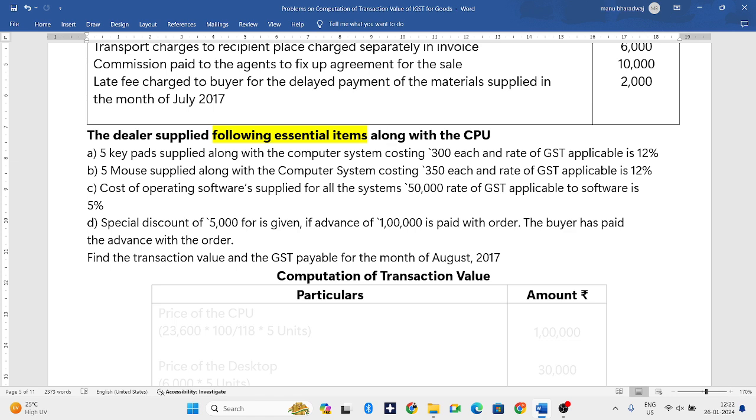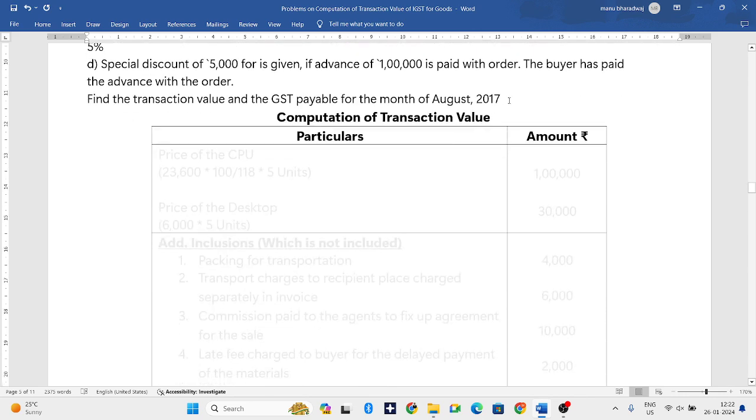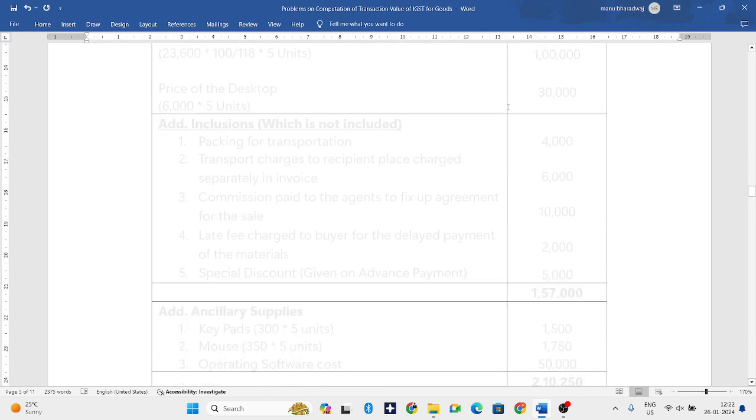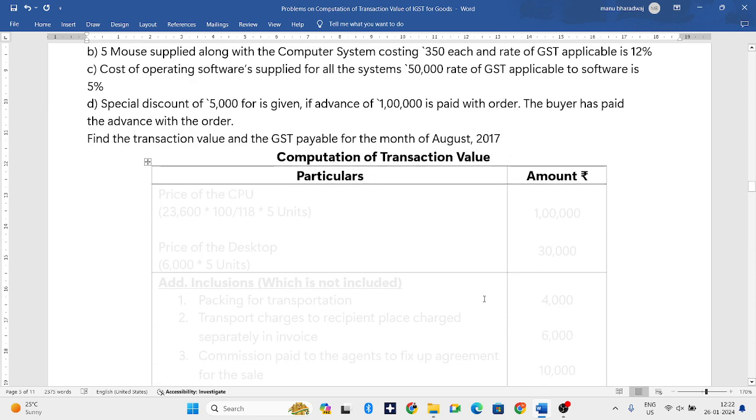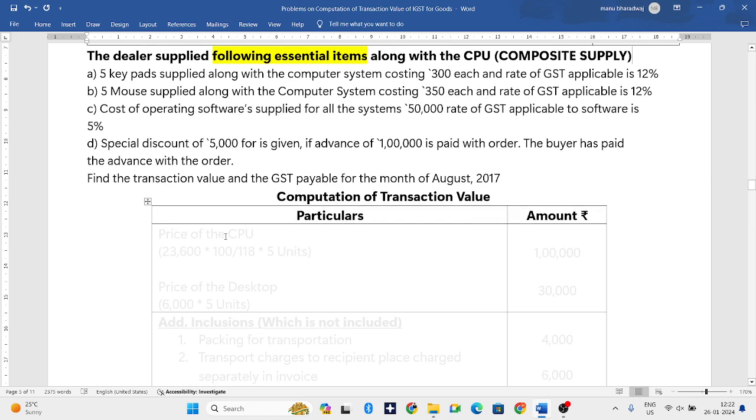If those two are not there, the machine will not run and cannot be used. Therefore we consider it as a composite supply. They have supplied 5 keypads, 5 mouse, and the operating software they have sold. Apart from all this, a discount of 5,000 rupees is given, and you have to find out the transaction value. Let us analyze the question and try to solve the problem.